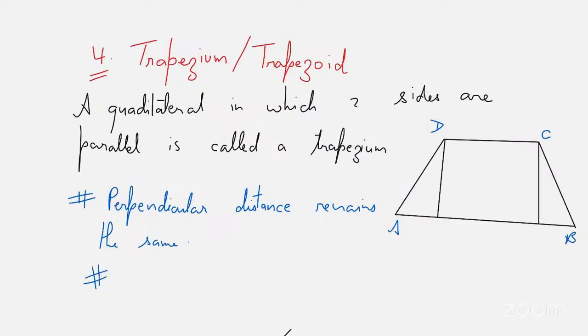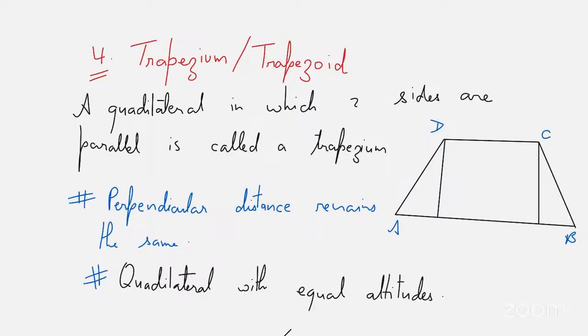It is a quadrilateral with equal altitudes.